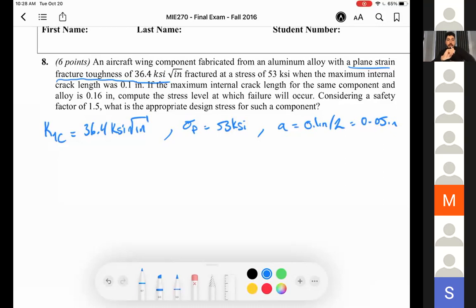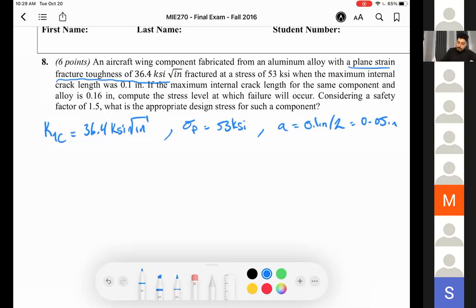Okay, so now it says if the maximum internal crack length for the same component of the alloy is this, compute the stress level at which failure will occur. So now we're saying if the crack length of the component is this value instead, calculate the stress at which failure will occur, right?